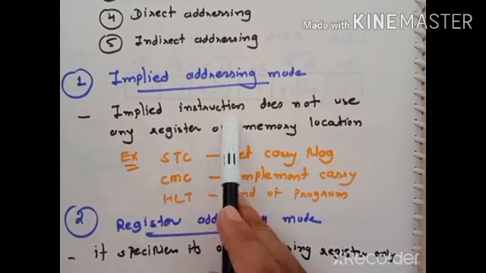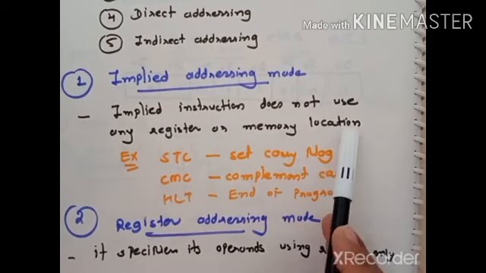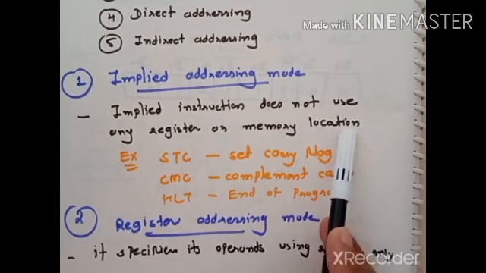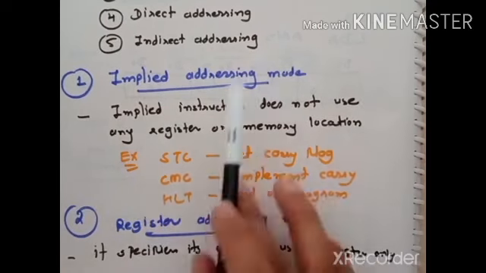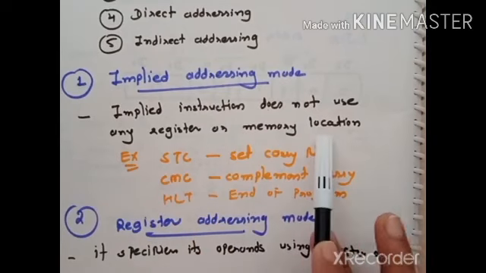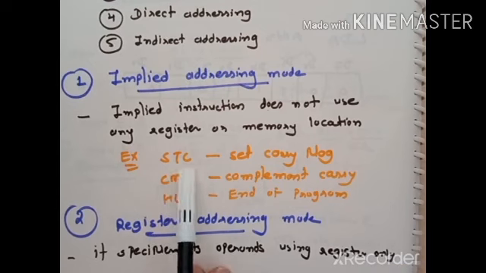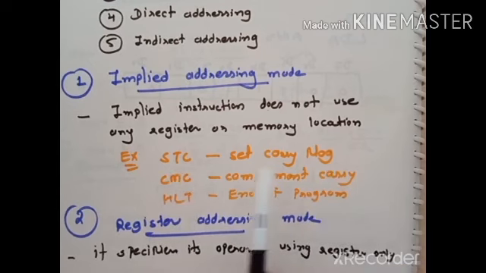In this, implied instructions do not use any register or memory location. Examples are STC, that means set carry flag, CMC, that means complement carry flag, then HLT, that means end of program.